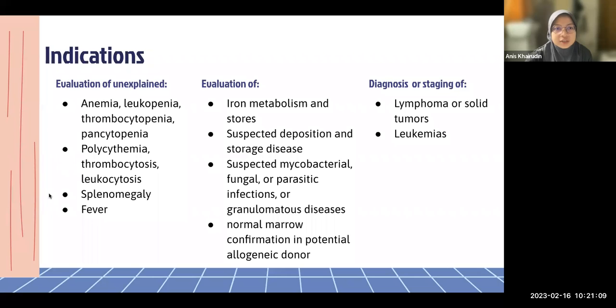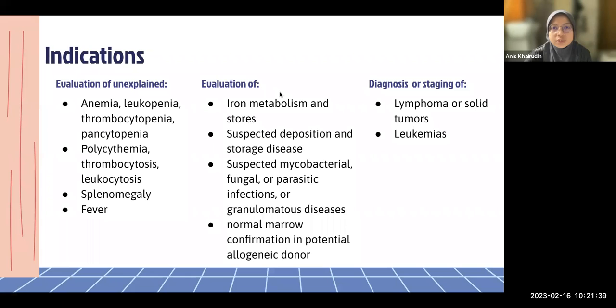It is usually done to evaluate unexplained anemia, leukopenia, thrombocytopenia, or even pancytopenia, or if there is unexplained polycythemia, thrombocytosis, or leukocytosis. So basically, there is a decrease or rise in the cell numbers, or if there is unexplained splenomegaly in the patient, and also unexplained fever or fever of unknown origin.